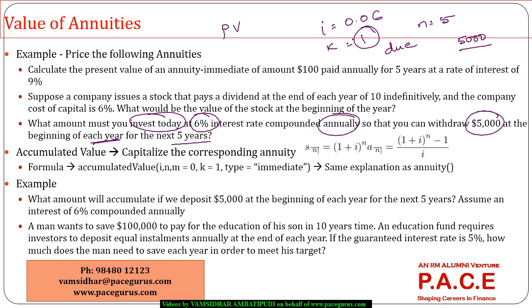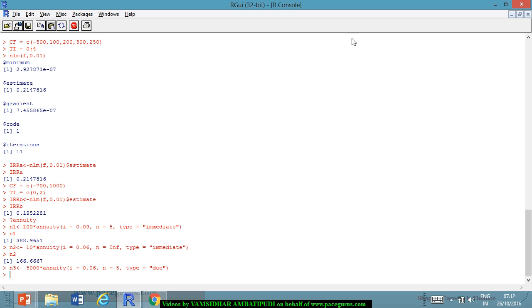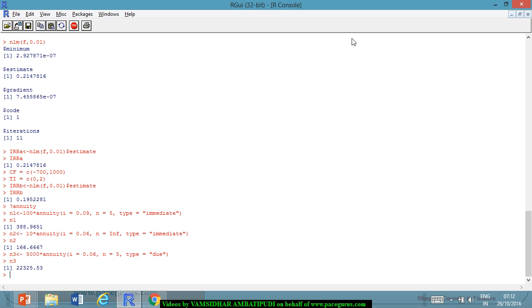And even the M I don't need to specify because there is no deferment period. So with this it says if you deposit 22,325 right now and the annual interest rate is 6%, right from the beginning of the current period, you would be able to withdraw 5,000 over the next 5 years.